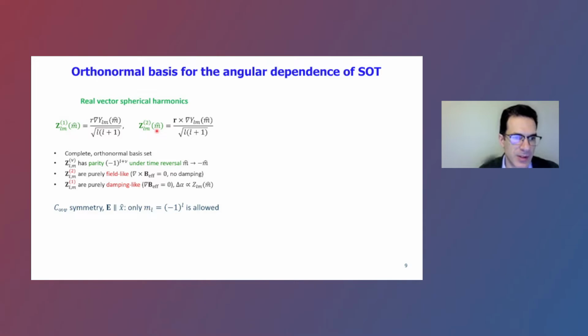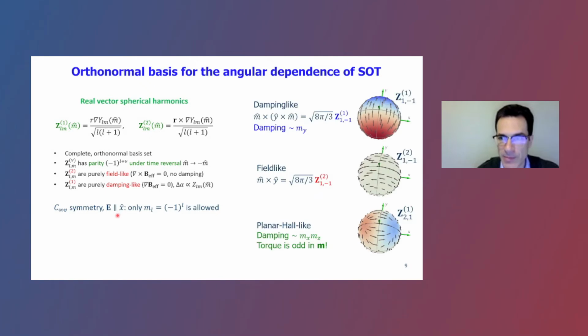And notice that the feature of being damping-like or field-like does not come along with parity on time reversal. So the leading damping-like term is even in magnetization, for example, but as you go to higher values of L, the parity will alternate.